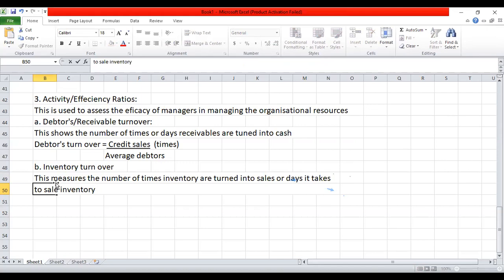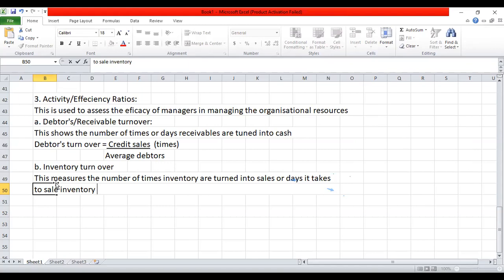That is the inventory turnover. You are looking at how many times you convert your inventory into sales, or how many days you take to sell the inventory. Of course, as we said, the more the number of times, the better the performance. The fewer the number of days, the better the performance.